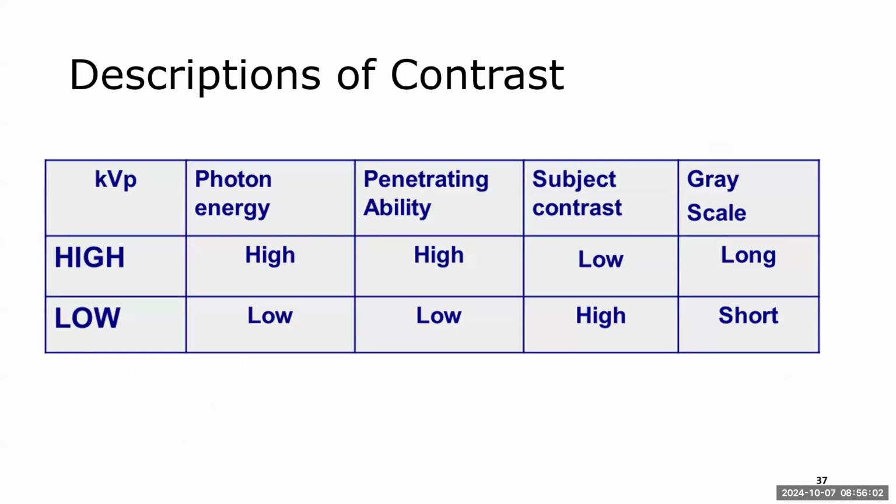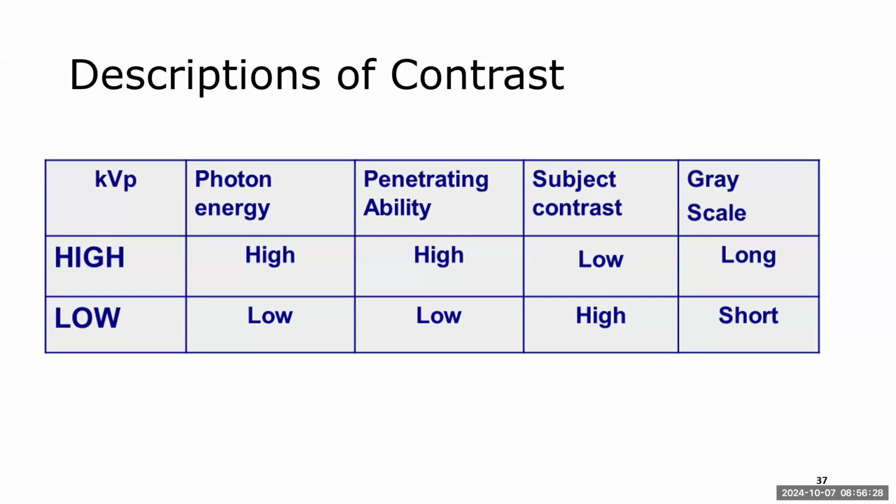High kVp means the photon energy is going to be high, which means the penetrating ability is going to be high, which means the subject contrast is going to be low, and the grayscale is going to be long. So low contrast, long grayscale, lots of shades of gray comes from high kVp.